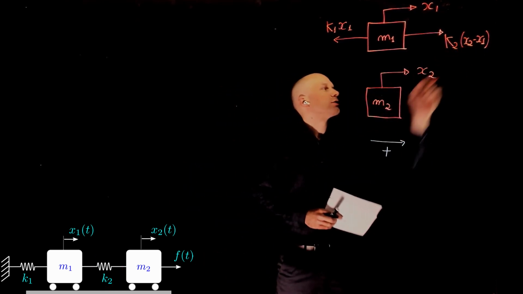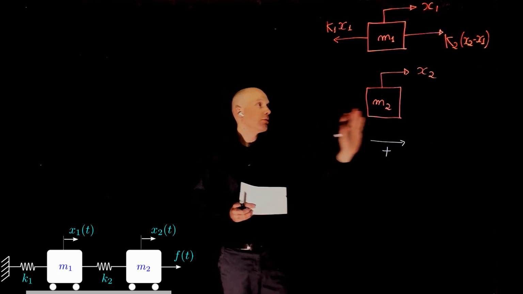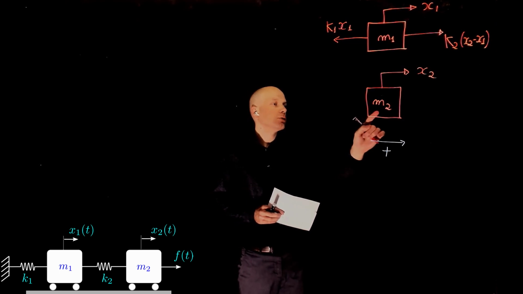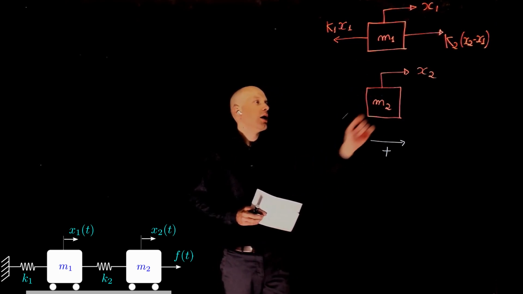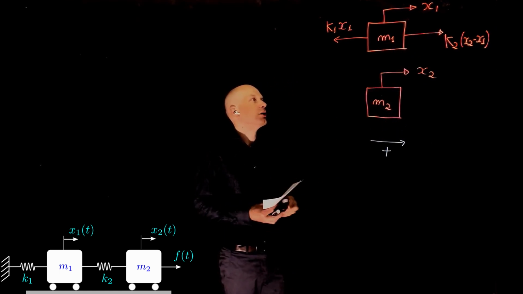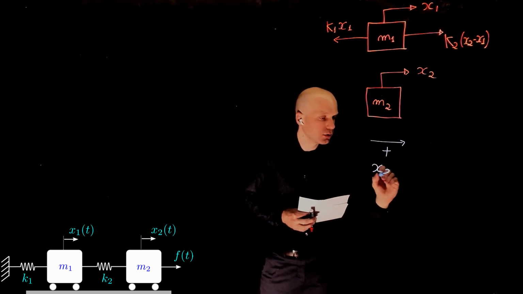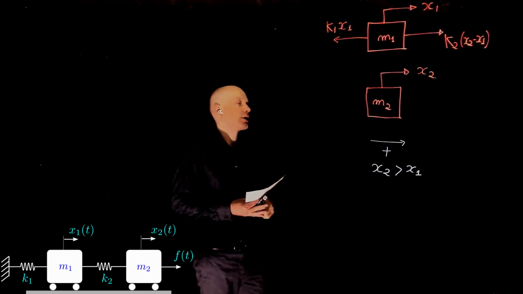Why x2 minus x1 and not x1 minus x2? Well, if you think about it, both masses are moving to the right. And because m2 is connected to m1 through an elastic element, x2 will likely be greater than x1. So we can say that x2 at some instant in time will be greater than x1.